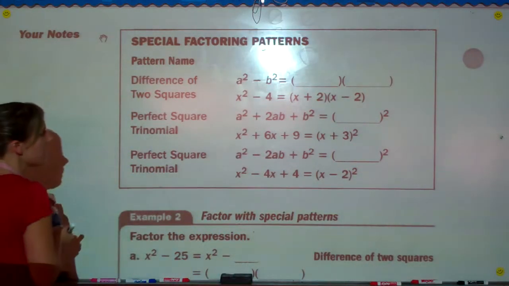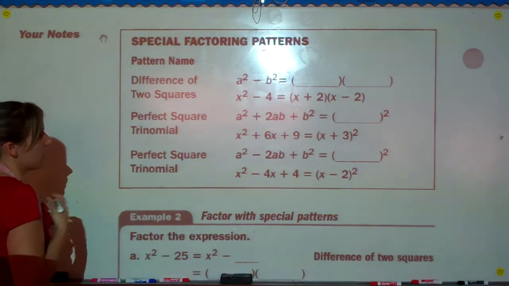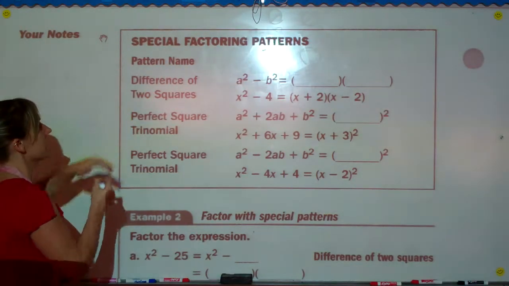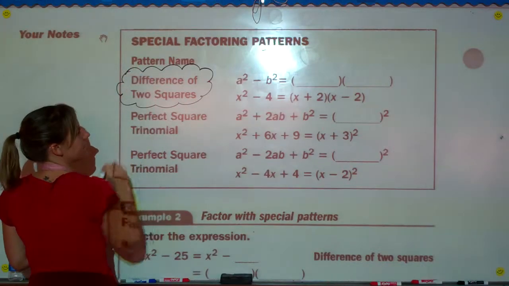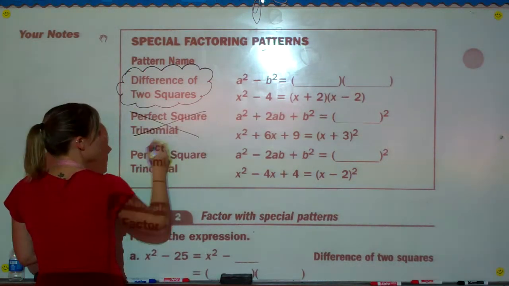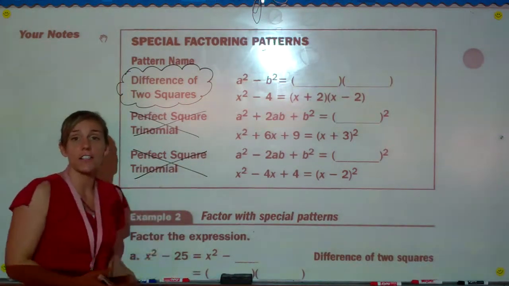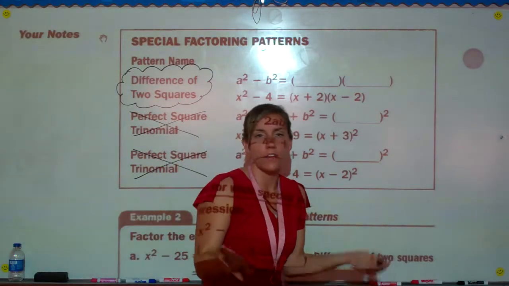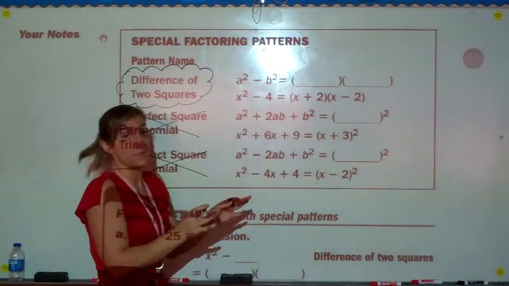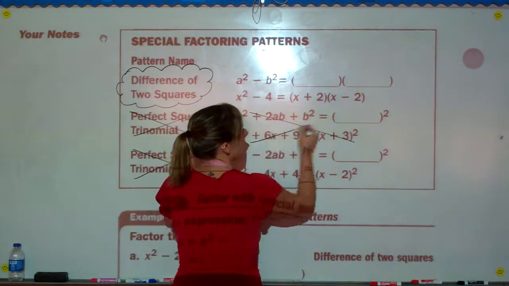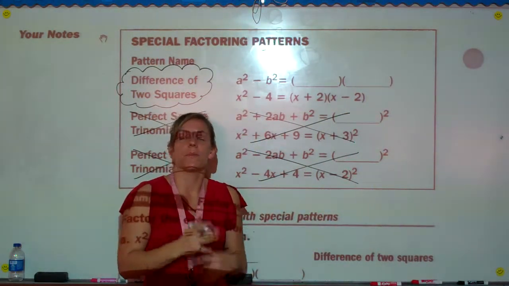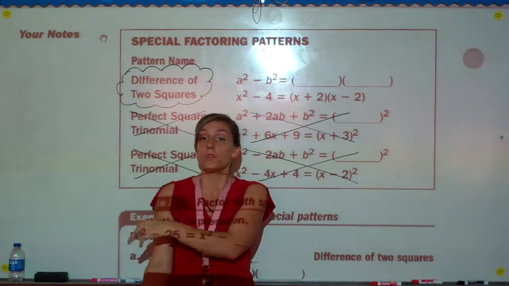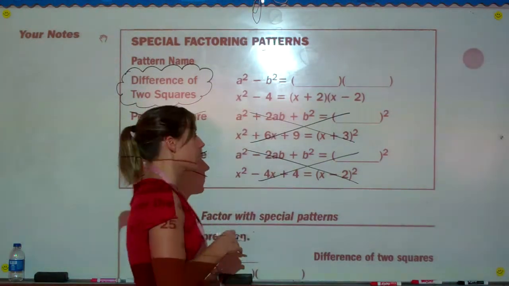The only pattern I actually go through and practice is this first one, the difference of two squares. Okay? I don't worry about these two. If you read your textbook, or if you have a friend show you, or you've got a tutor, and you learn them, that's fine with me. But I actually don't teach them. I just go through and do it the old-fashioned way, like I just showed you, with making the X and then going from there, okay?